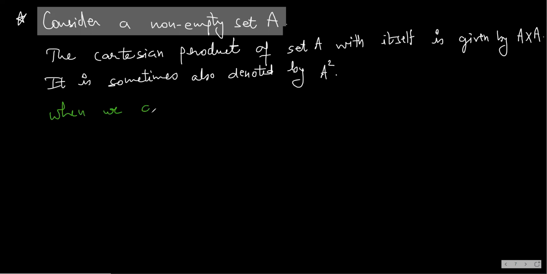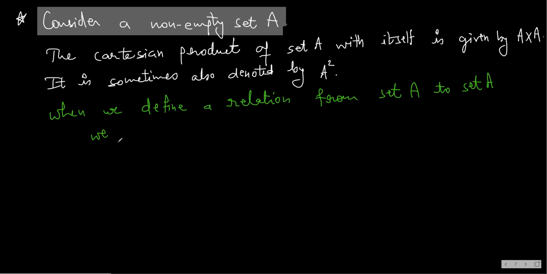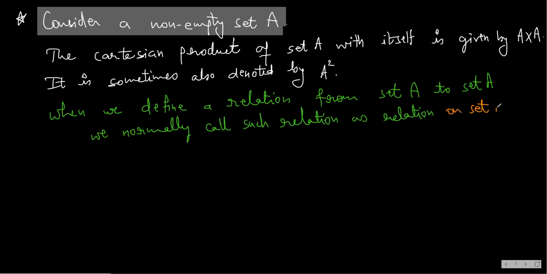When we define a relation from set A to set A, we normally call such a relation a relation on set A.